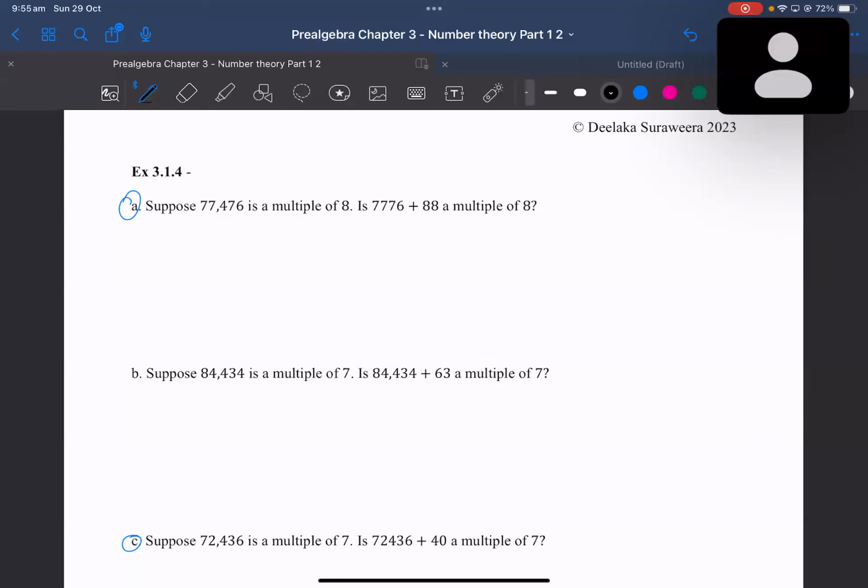How do you know it's a multiple of 13? Yes. Why not? But it's not. Why is it not this?